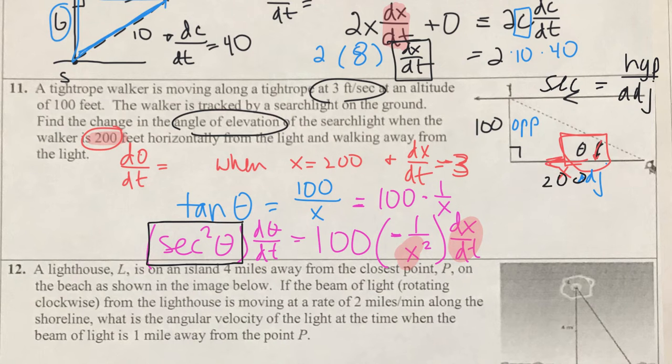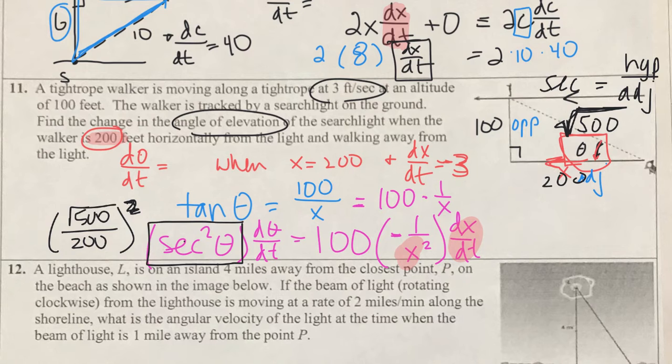So if we do our Pythagorean theorem and do 200 squared plus 100 squared, the square root of 500 is going to be the length of our hypotenuse. So we can replace the secant value with root 500 over 200, and then I'm going to square that.